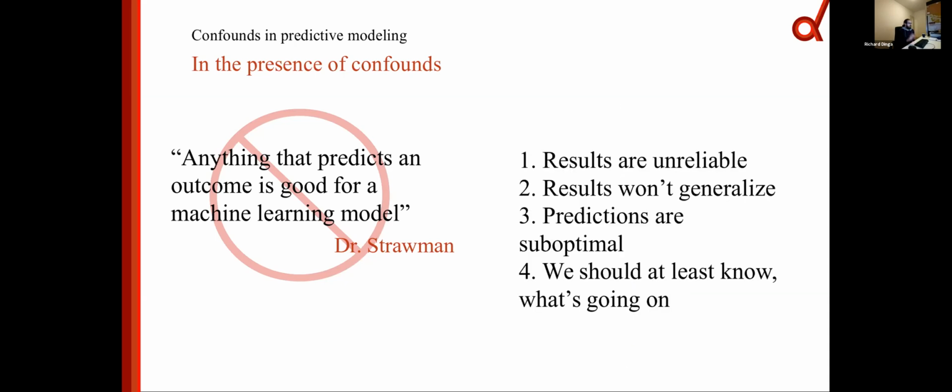But there are a few problems with this idea. One is that even if we care only about good predictions, if we have confounds in the data, the results won't be reliable and won't generalize.